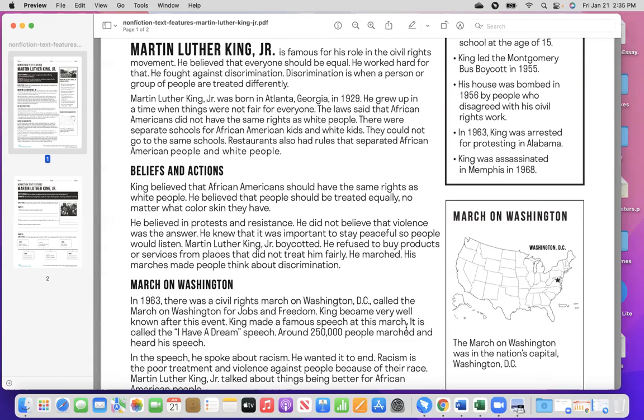The laws said that African Americans did not have the same rights as white people. There were separate schools for African American kids and white kids. They could not go to the same schools. Restaurants also had rules that separated African American people and white people. Beliefs and actions.